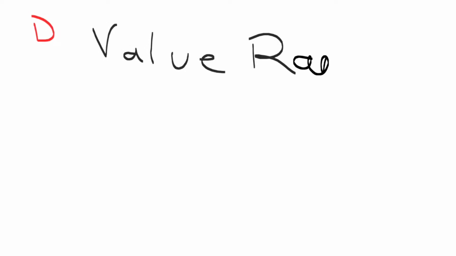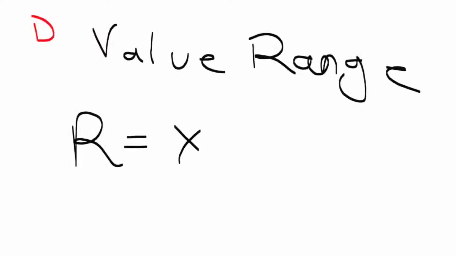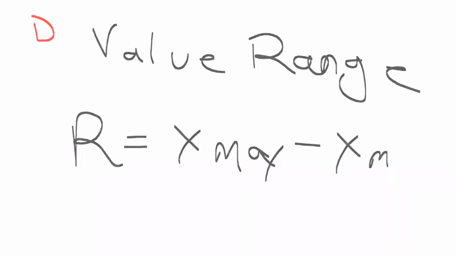Now the first point for the R chart is to calculate the value range for each subgroup, range R. How is the value range calculated here? R equals X max minus X min.